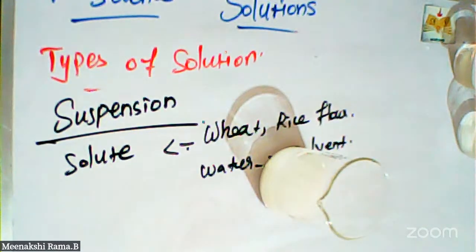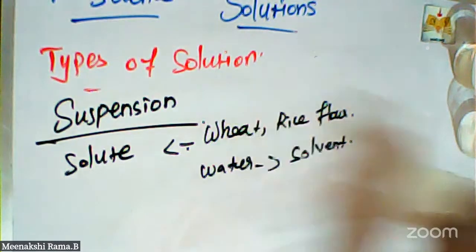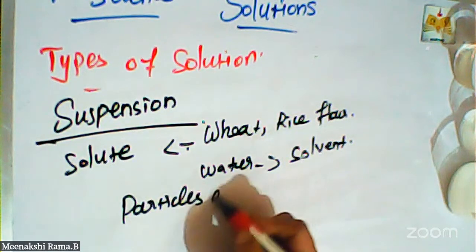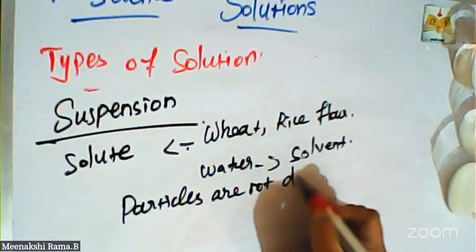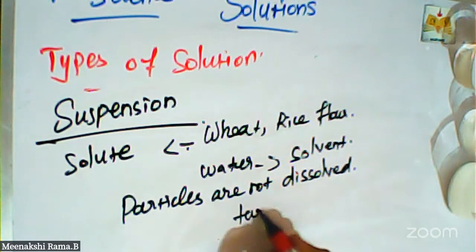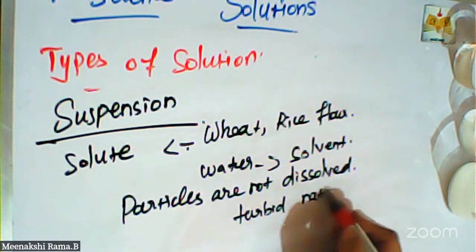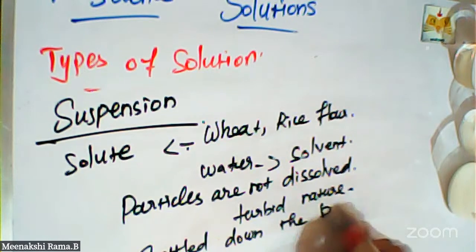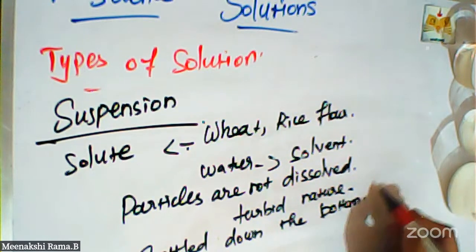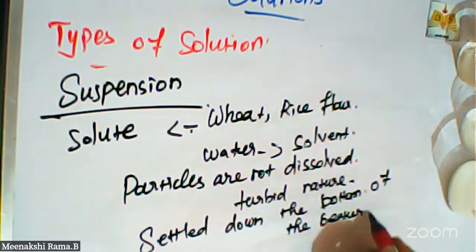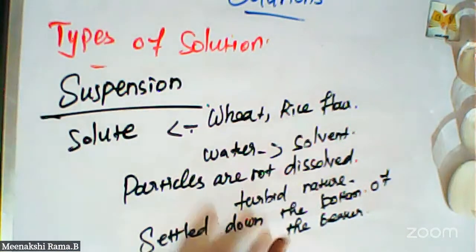So this kind of solution is called a suspension. The particles are not dissolved, so it is turbid in nature. And the next point is that they settle down at the bottom of the beaker. So this is the correct characteristic of the suspension.